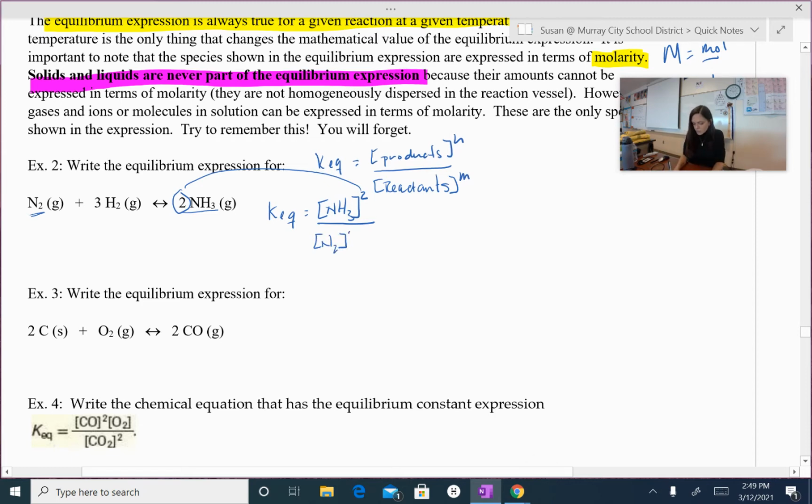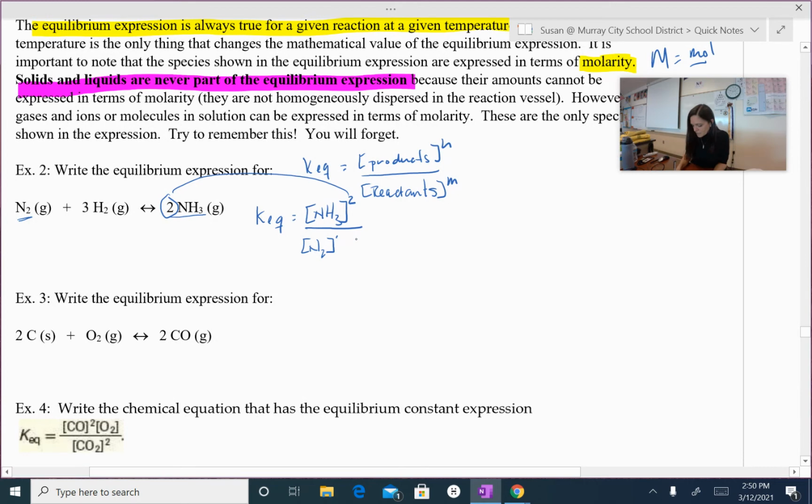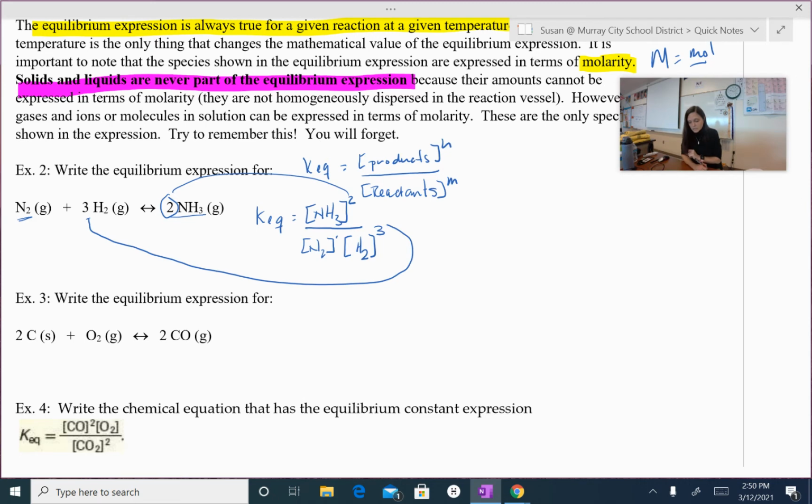I can, of course, put a coefficient of 1 there if I want, but it's implied, so I can just not put that 1 there either. And I have my concentration of hydrogen gas, and I have a coefficient of 3 here, so I need to put a 3 there. Okay? So that would be my equilibrium expression for the Haber process, making ammonia.